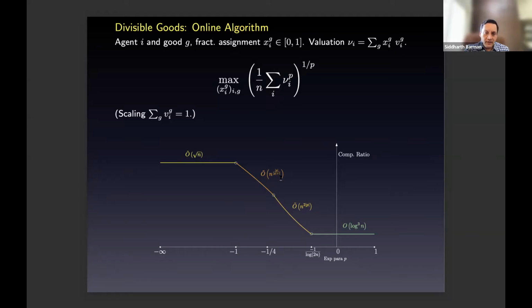So you do get competitive ratios that look, for example, like this in this range. Again, -1/4 isn't anything sacrosanct, but for some constant smaller than -1/2 or -1/3, you get a drop like n to the 2 times the absolute value of p.